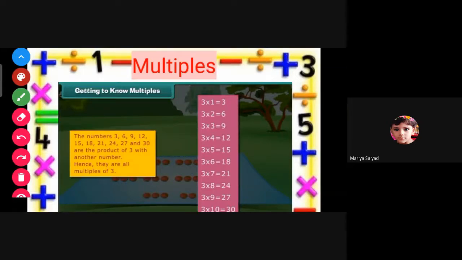Then I explained this one, if you remember. That example I showed you: 10 groups were there, three in each group. 3 tens are 30.